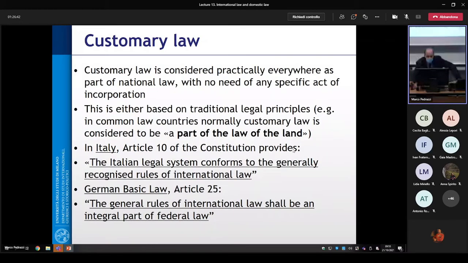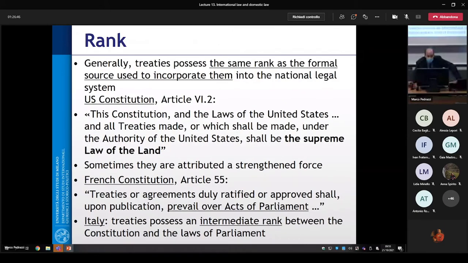An example. US Constitution: treaties made under the authority of the United States shall be the supreme law of the land. So they are law of the land. Supreme, we will see it after, but they are law of the land.